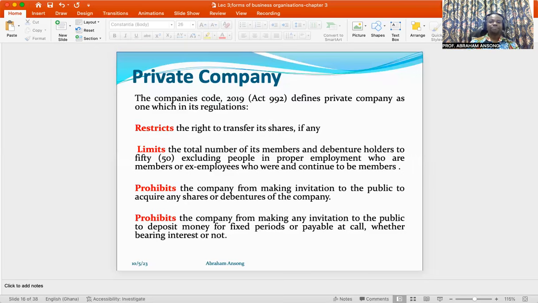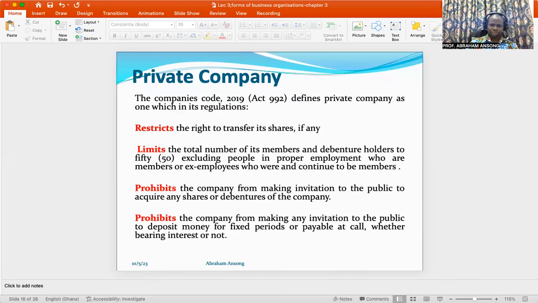But in defining the membership, they take into cognizance both those who own shares and those that have contributed to the company by way of debt or debentures. And all of that must add up to 50, okay? But in counting the 50, they'll exclude people, employees or ex-employees, all right, who are still members of the company.